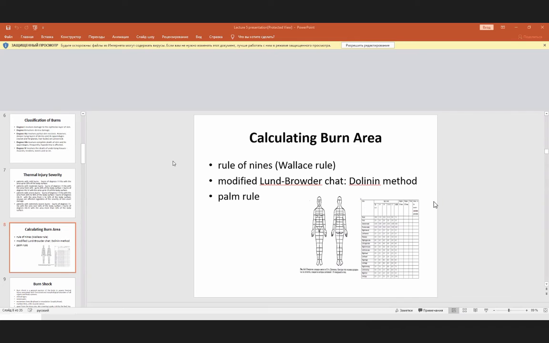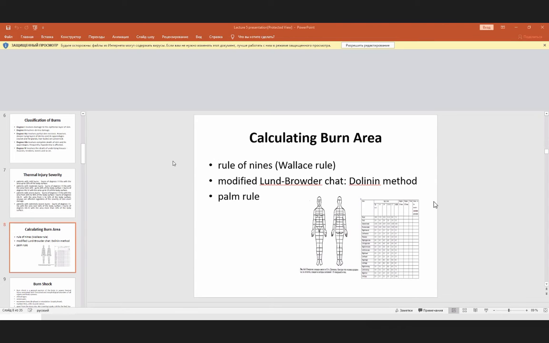In children, body proportions depend on the age, therefore the modified Lund-Browder chart is used to assess the burn surface area. When estimating the percentage of burn area in patients with small burn areas and multiple burns located in different body parts, the palm rule is used.